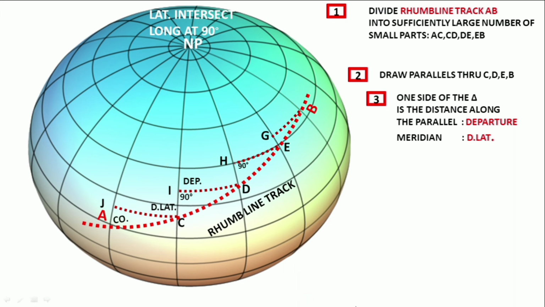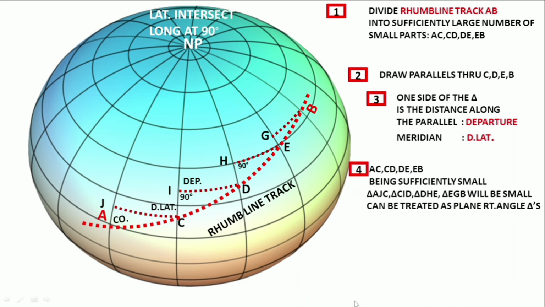Departure, D-lat. If these arcs which I have made are sufficiently small, then all these triangles which have been formed here, like I said, AJC or EGB, will be small and can be treated as plain right angle triangles.